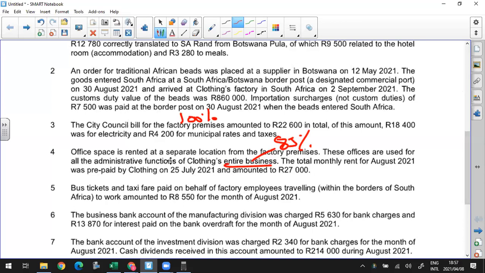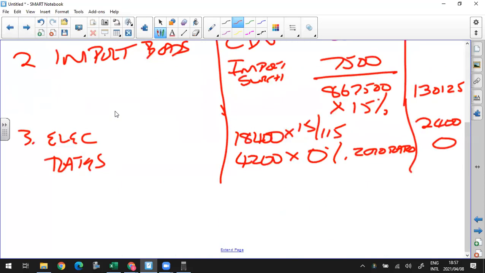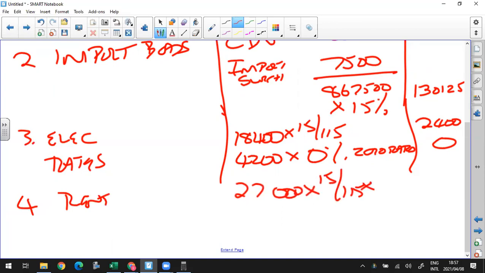Invoice is August, payment is 25 July. So we account for it in July, on 25 July. It's 27,000 Rand times 15 over 115 times 85%, because it's used in both parts of the business.